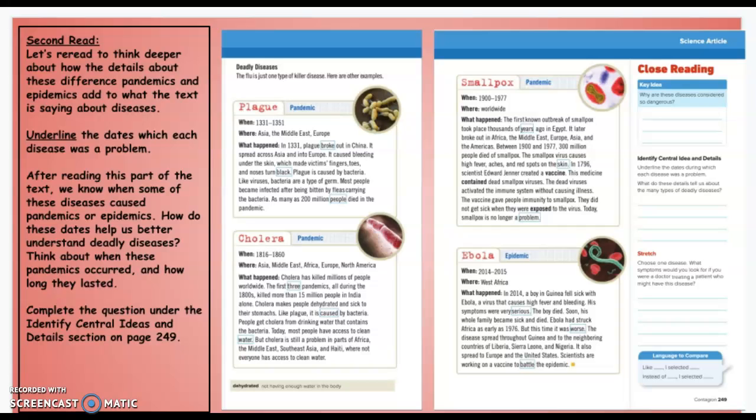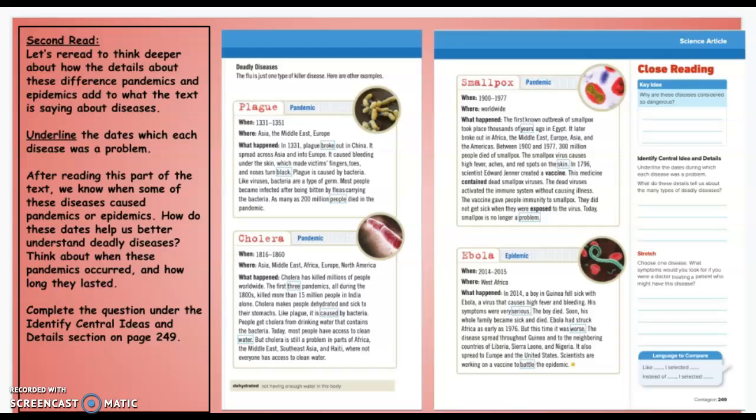So the first thing you're going to do is underline the dates which each disease was a problem. Just go back with your pencil and underline the when it happened. And then after reading this part of the text, we know when some of these diseases caused either pandemics or epidemics. So think about, how do these dates help us better understand deadly diseases?